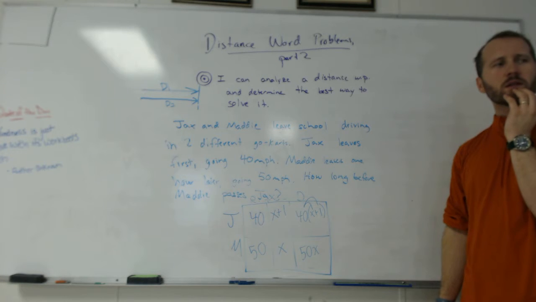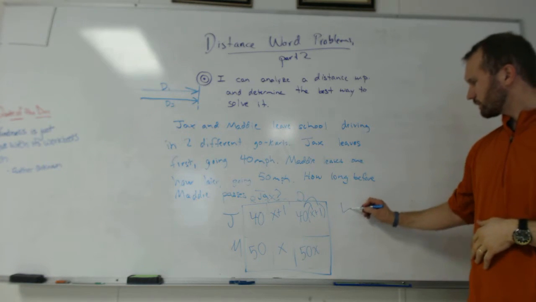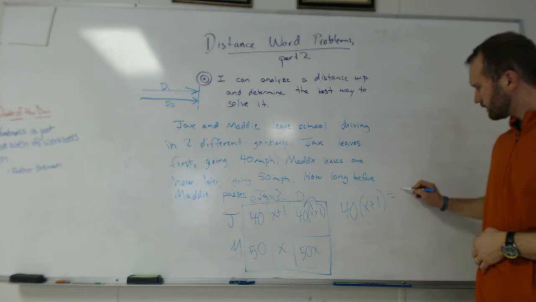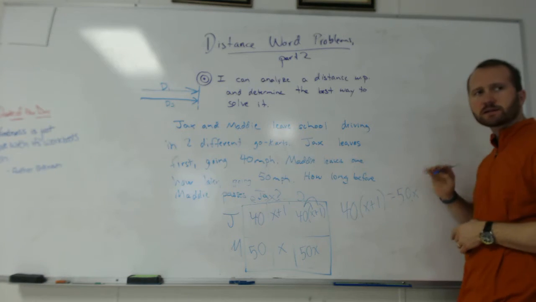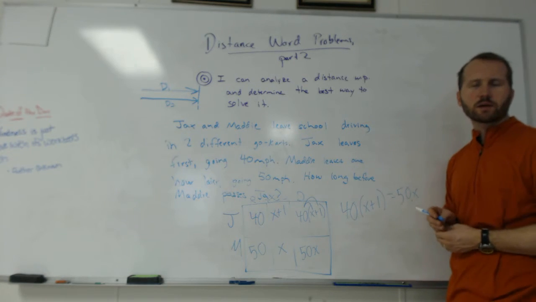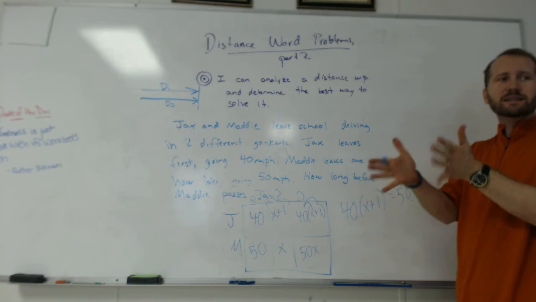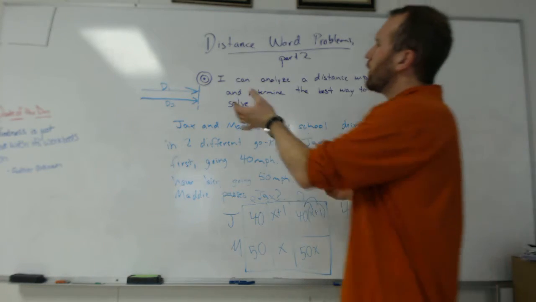40 times x plus 1 equals 50x. Yeah, how did you know that those would be equal? How come Jax's distance equals Maddie's distance? Because they're going the same distance. I don't even care how far they go.